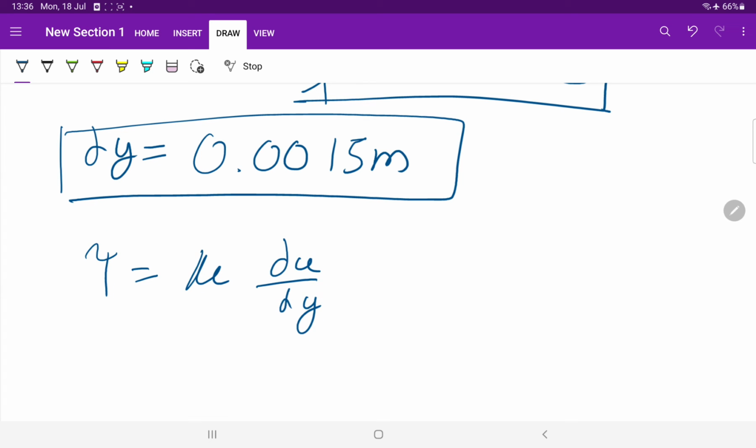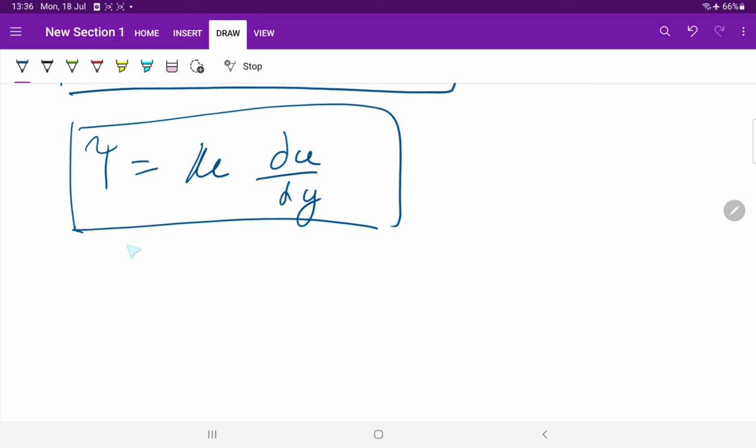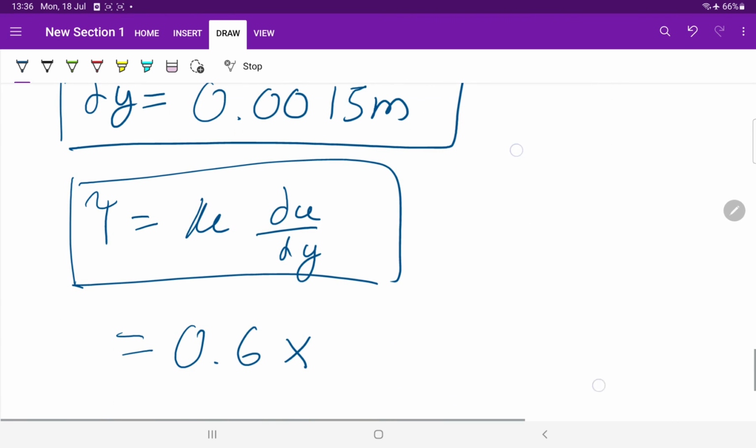We know dy here, and now time for the relation, tau is equals to mu into du by dy. So this is equals to 0.6, mu is 0.6, we know, just put the value 0.6, and du we have just found out, du is 3.98 meter per second.